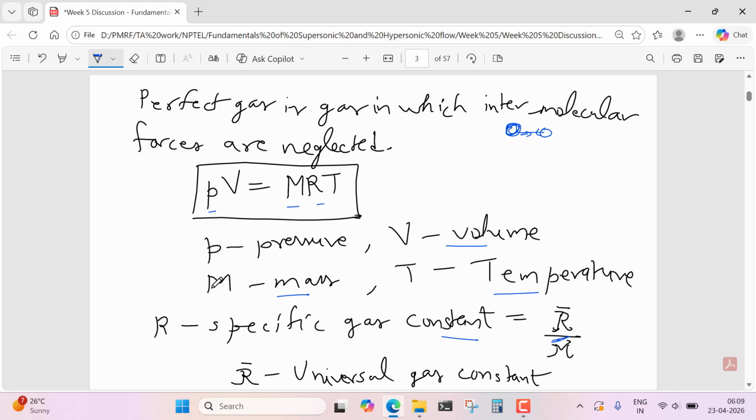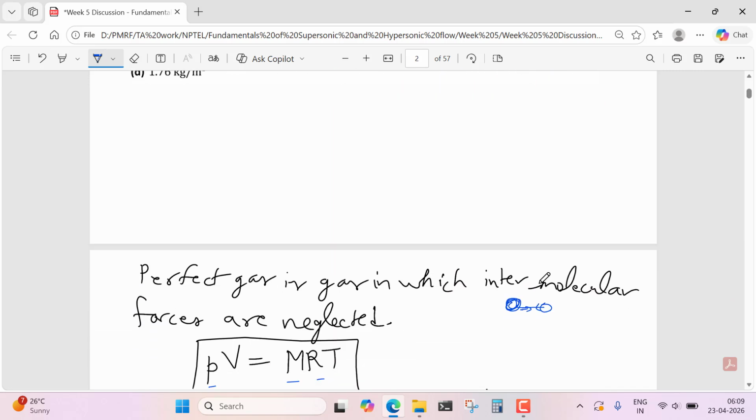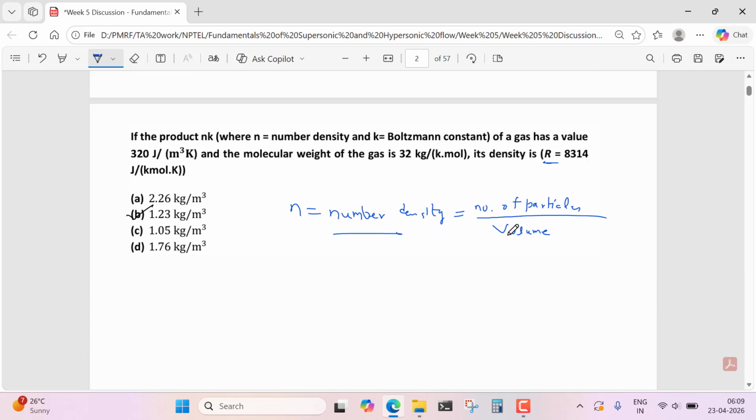Notice that this R is the specific gas constant, which will depend upon the type of gas, and it is equal to R bar upon M bar. Here R bar is the universal gas constant. It is constant for all gases, which is equal to 8314 joule per kilomole Kelvin, which is given in the problem also.